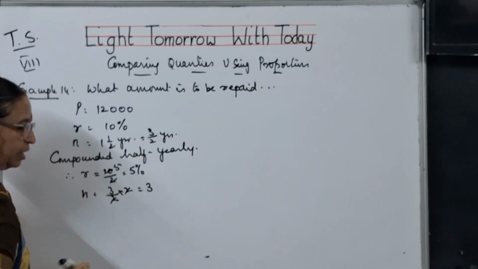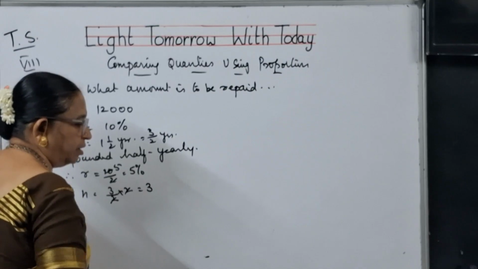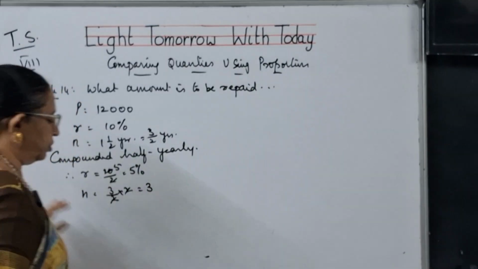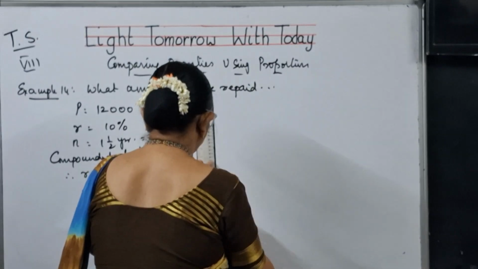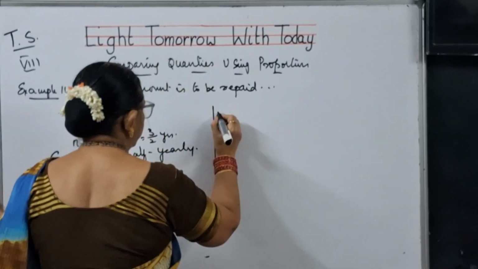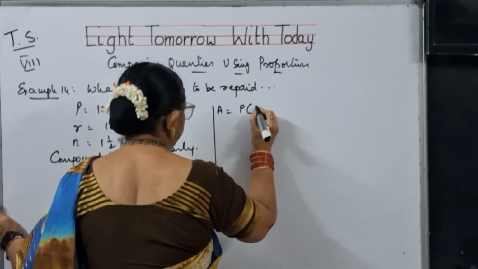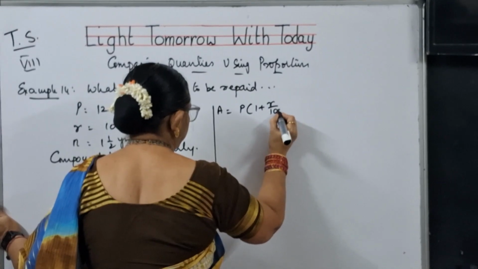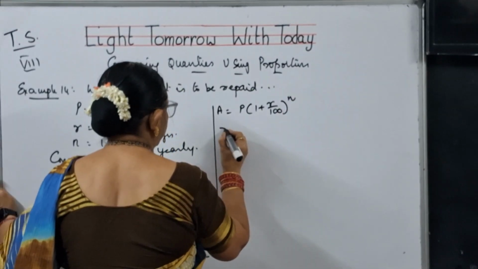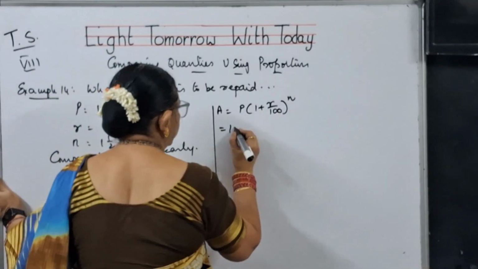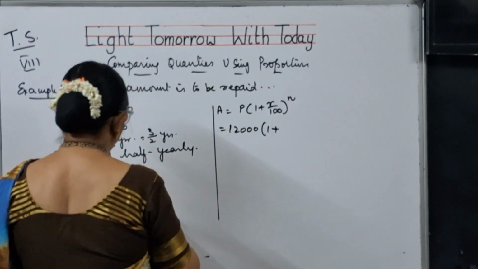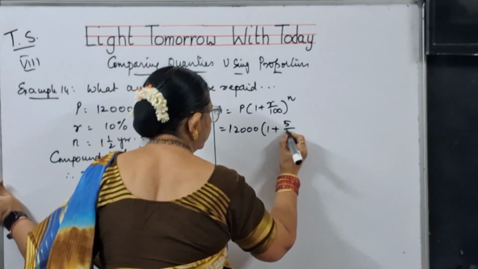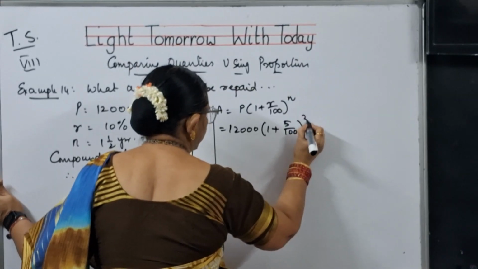So what are they asking? Find the amount to be repaid. They are asking to find out the amount. So we know that A is equal to P into 1 plus R by 100 whole to the power of N. So what is P? 12,000 rupees into 1 plus what is the rate? 5 by 100 whole cube.